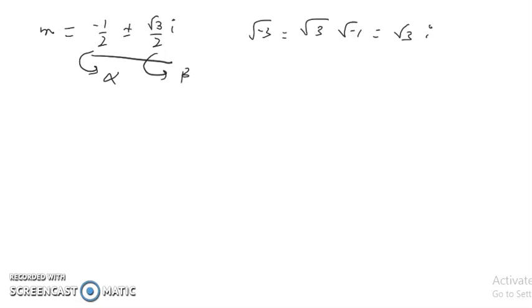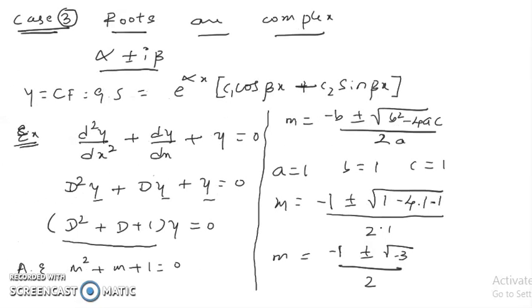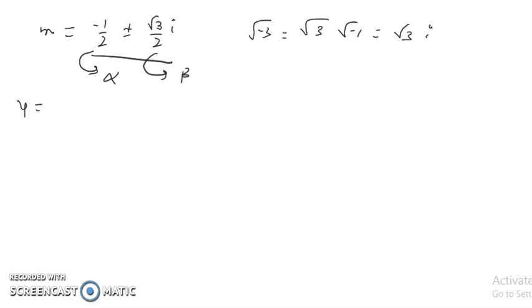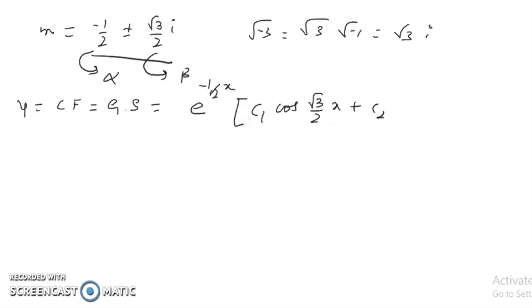Therefore the complementary function, or general solution of this equation, can be rewritten as y is equal to CF, the general solution, is equal to e to the power alpha x, where in place of alpha we have minus 1 by 2, so e to the power minus x by 2, into the bracket c1 cos, in place of beta we have root 3 over 2 x, plus c2 sin root 3 over 2 x.